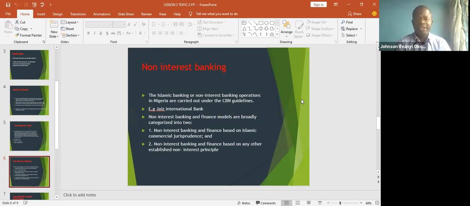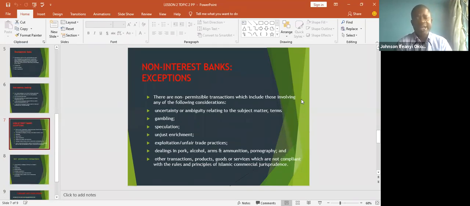One is non-interest banking and finance based on Islamic commercial jurisprudence. And two is non-interest banking based on any other established non-interest principle. These are the two major categorizations of non-interest banking in Nigeria.